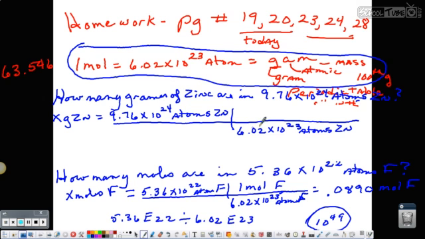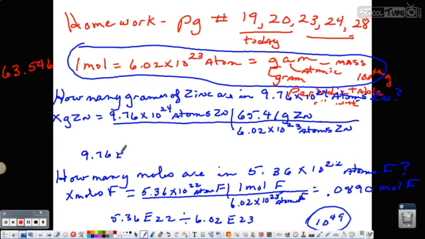I'm trying to find grams. Where do I find grams? GAM. Where is it located? Periodic table, yellow number. Zinc is 65. Look it up with me. 65.41 grams zinc.